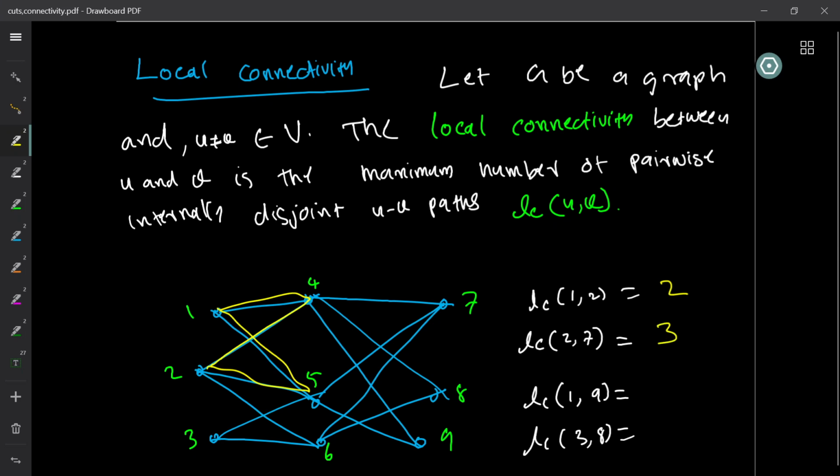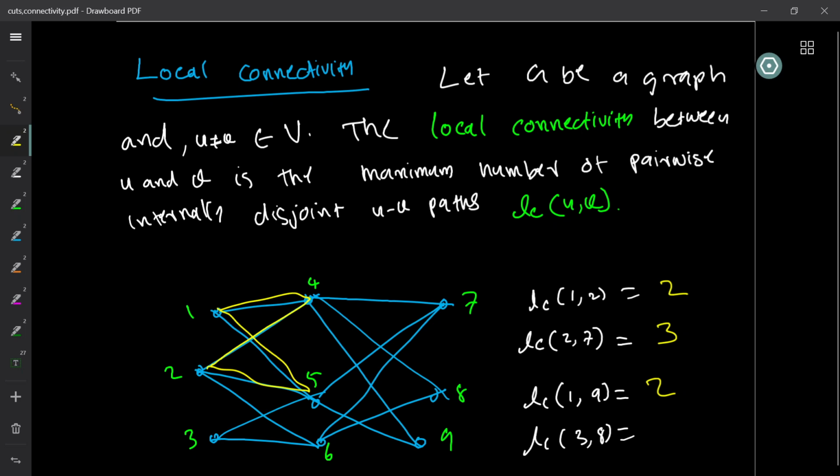And then you can ask what between 1 and 9? 1 and 9 has 2, you can see, so it's equal to 2. Between 3 and 8, again: 3, 6, 8, and then 3 to 5, 5 to 2, 2 to 4, and 4 to 8. That is another one, so there are two there.